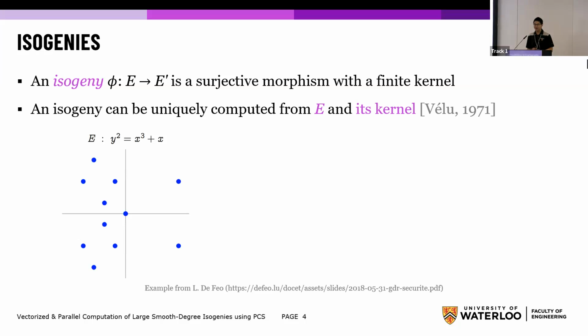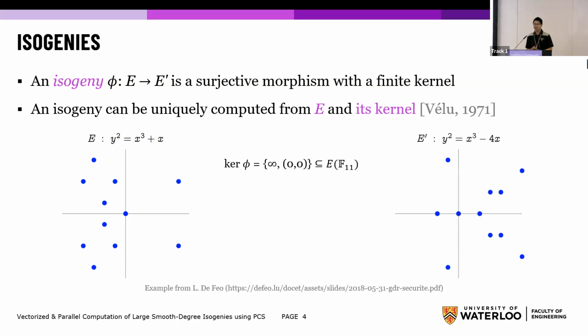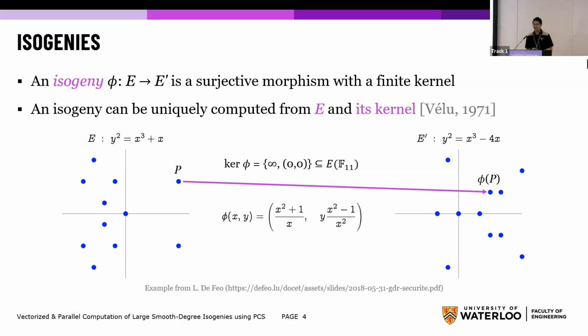As an example, here we have this curve E, and suppose we want to construct an isogeny from this curve. If we specify the kernel to be this set of 2 points, the point at infinity and the point (0, 0), then we can uniquely determine that the image curve E prime will be this curve. And the definition of the isogeny, the mapping, can be defined something like this. So this is the isogeny.